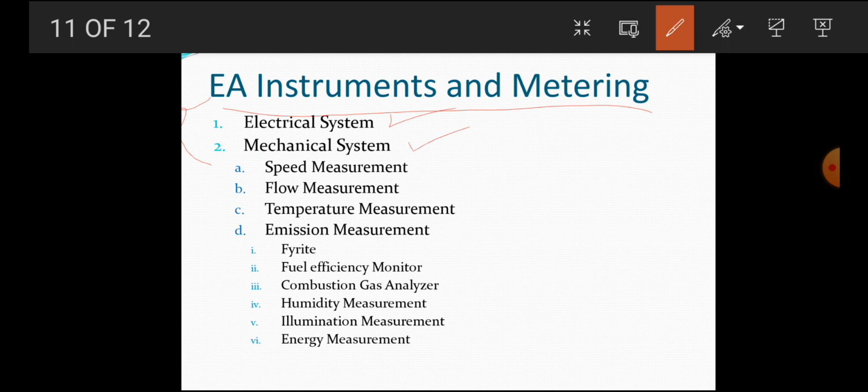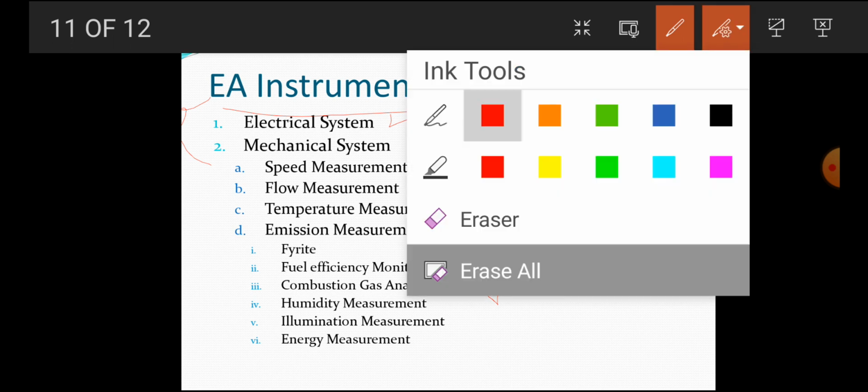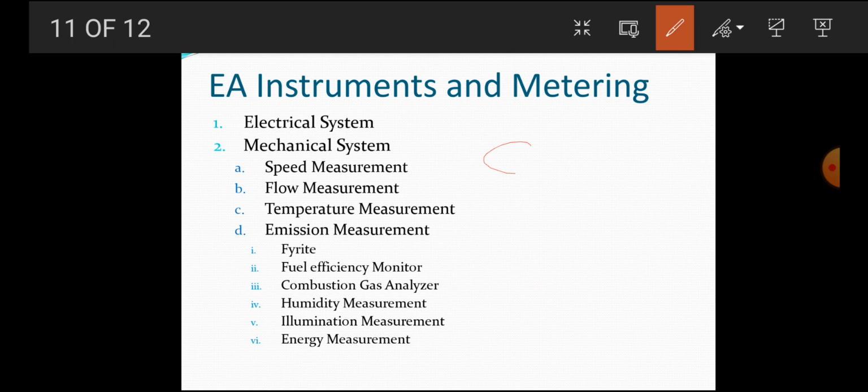So electrical systems are used to measure various electrical parameters such as voltage, current, power in watt, power factor, frequency, power consumption, that is kilowatt hour, and maximum demand, that is kilowatt ampere.